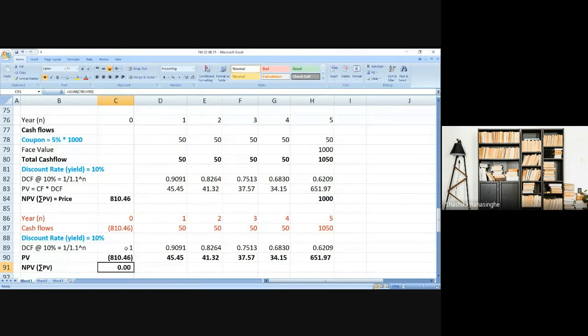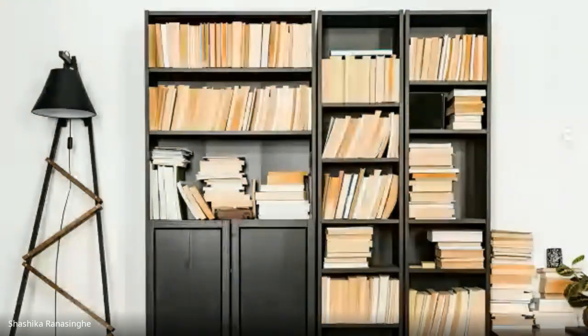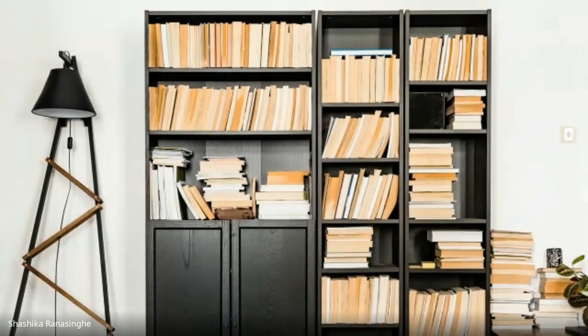It's the IRR. So your return or the yield is your IRR. Clear? Understood? Yes, sir. Okay, so that's all there is on bond calculations. If you understood that, that's it.